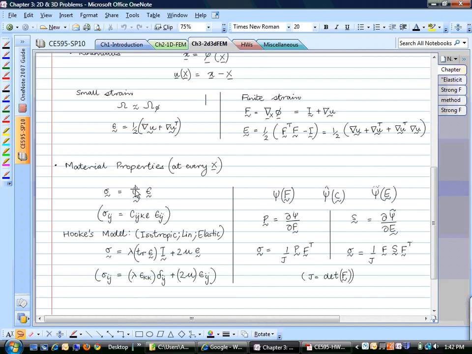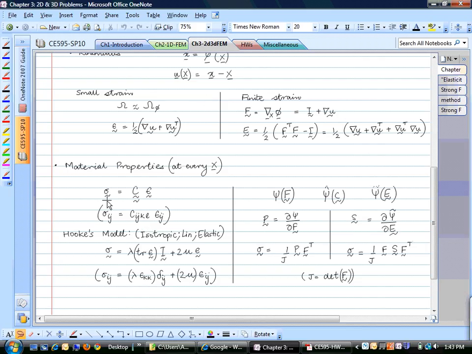If it is small strain, this is the type of relationship that we said we were going to use. Again, this C double tilde is actually a fourth order tensor. This fourth order tensor acts on a second order tensor to give you back a second order tensor. Since it is a fourth order tensor, it has 4 subscripts, 4 indices.